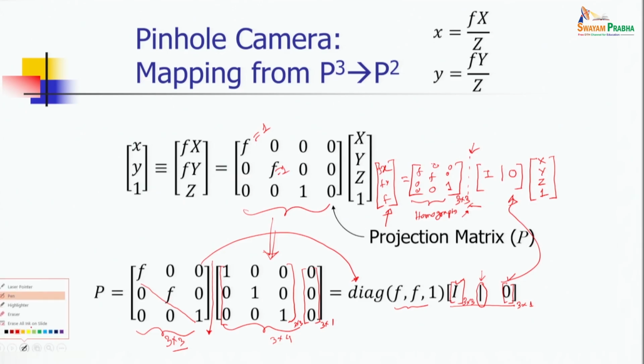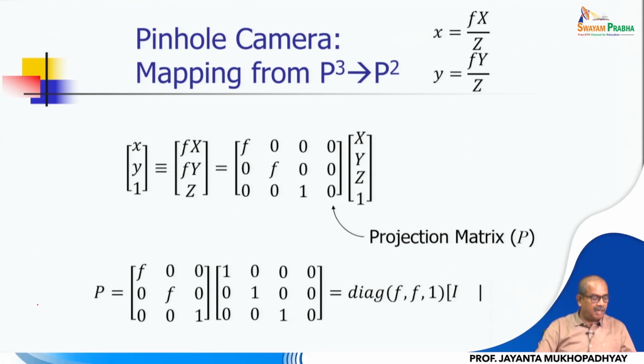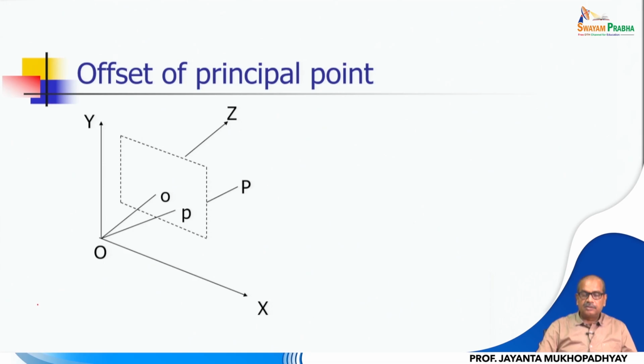So, let us further see how in a more general configuration these coordinates could be related. First, we will consider a configuration where you have an offset of the principal point. I already mentioned the principal point is the point of intersection of the optical axis, which is the z axis in the canonical form, with the image plane, which is placed at a distance f in this case particularly.